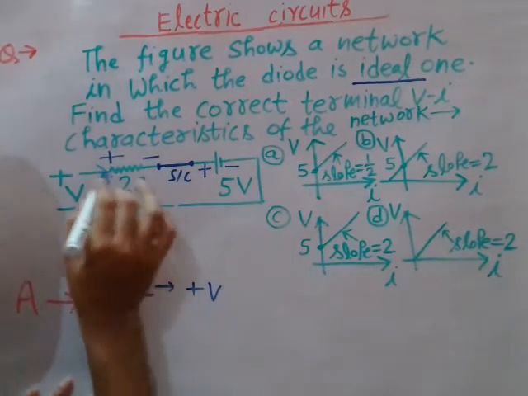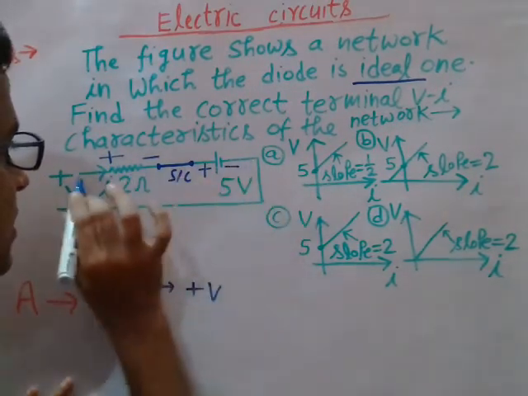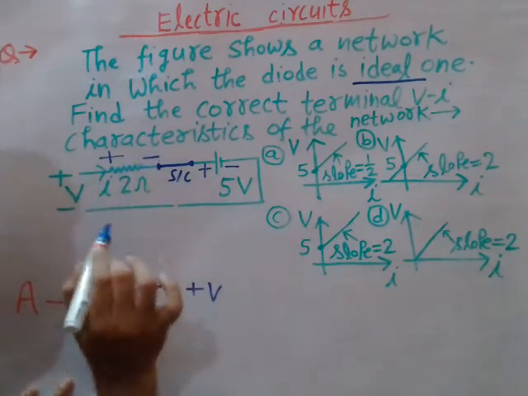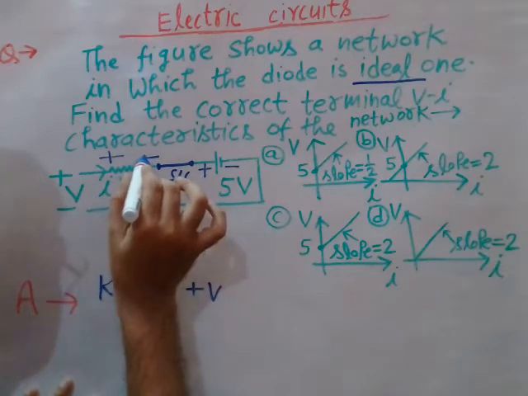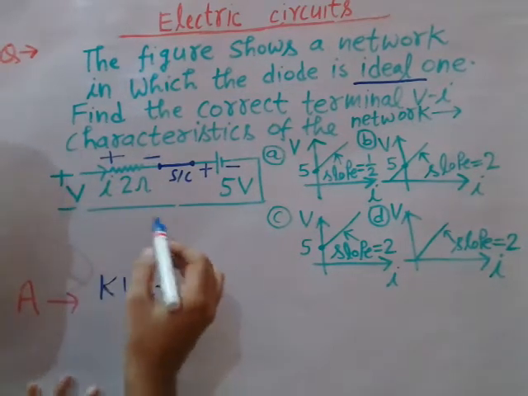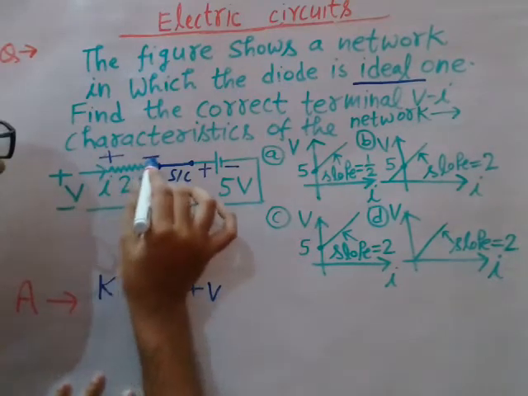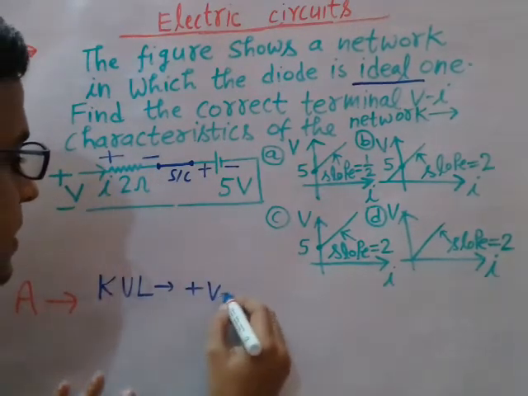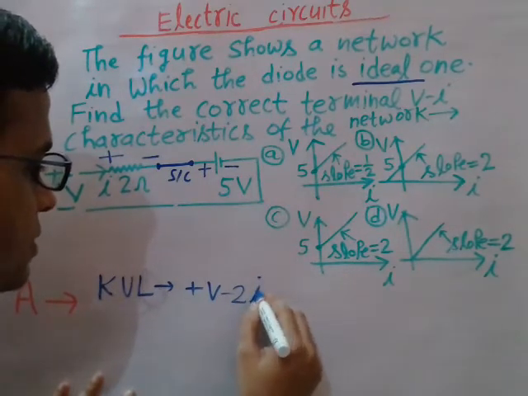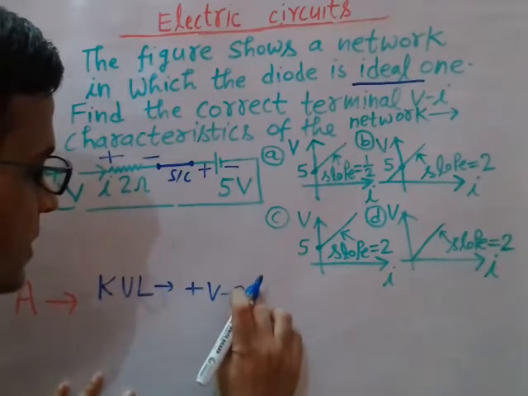Current is flowing from left to right, so the later terminal will be negative, and this negative shows the drop in this 2 ohm resistance. So plus V, then minus 2 into I. This is the voltage drop in the 2 ohm resistance.